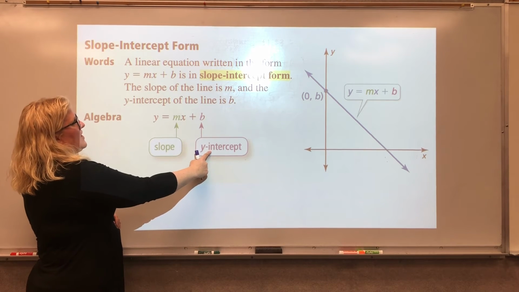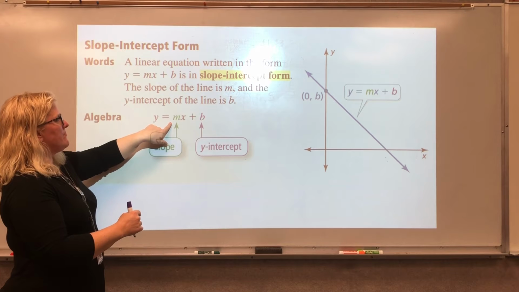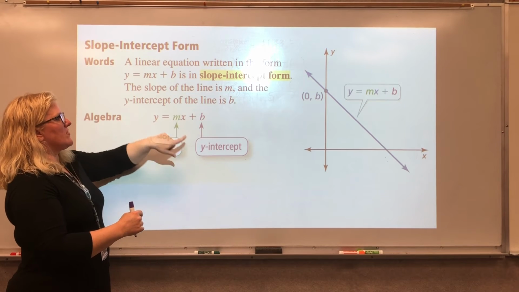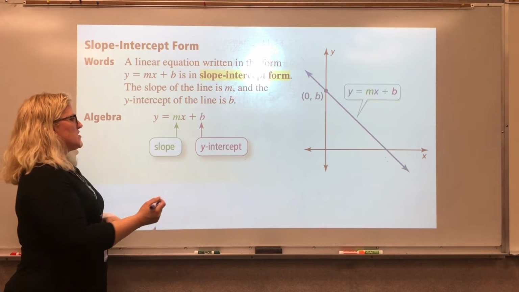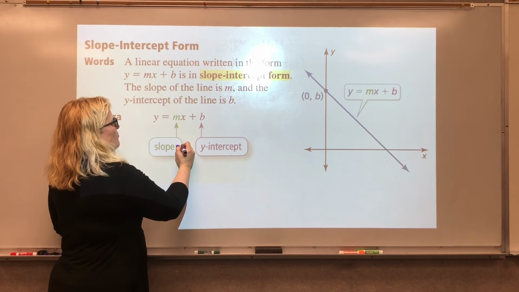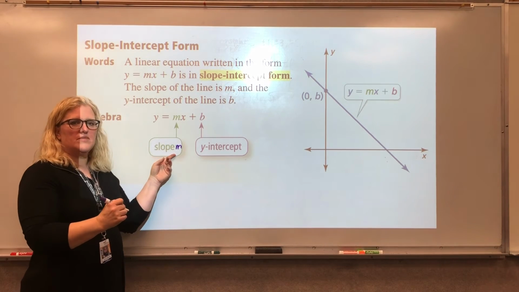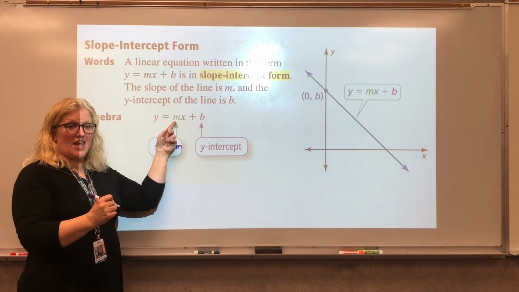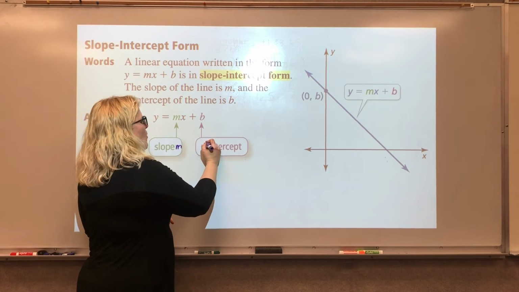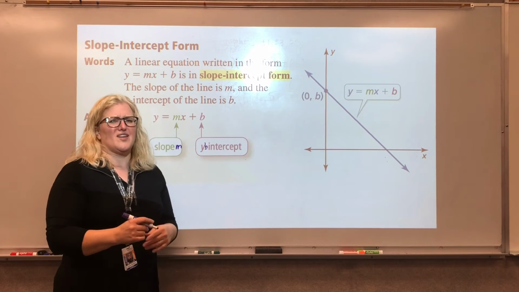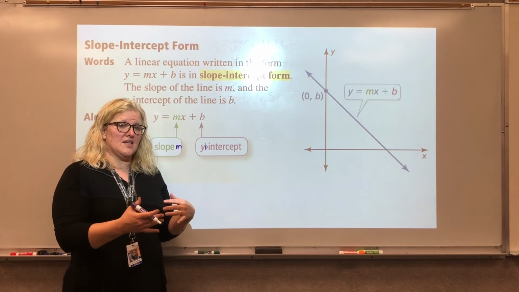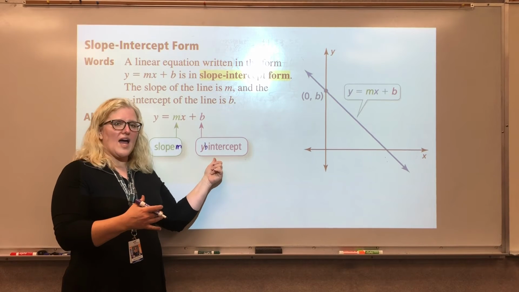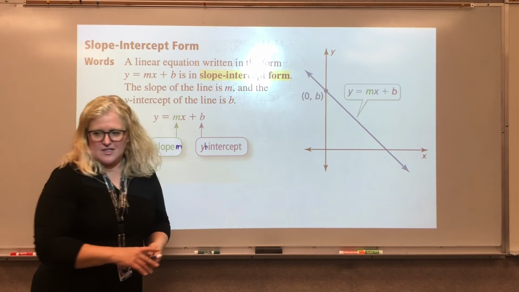The slope of the line is m, and the y-intercept of the line is b. Okay? Sometimes I'll call them the slopem to help me remember that the slope is an m, and I'll call this the y-intercept. I know it's really dumb, but if it helps you remember that the slope is m and the y is b, you have the slopem and the y-intercept.